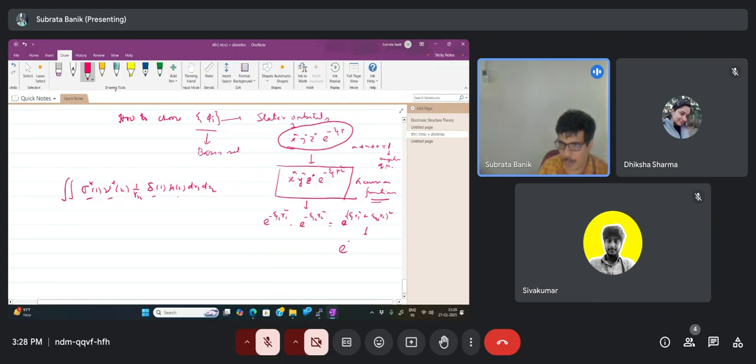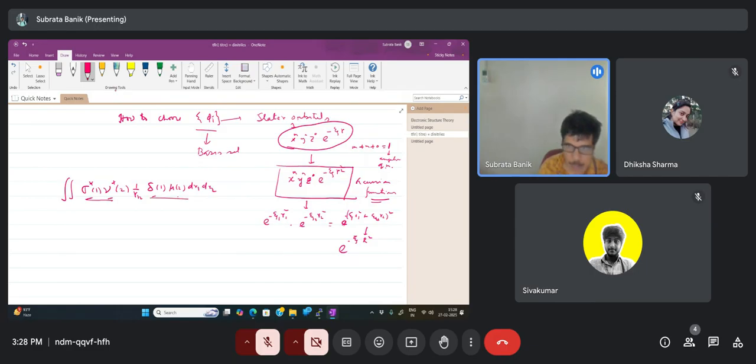I can write the exponential of, and you can prove that, the product of two Gaussians from two origins will be a single Gaussian. So if you take a product of two functions, you get one product function.